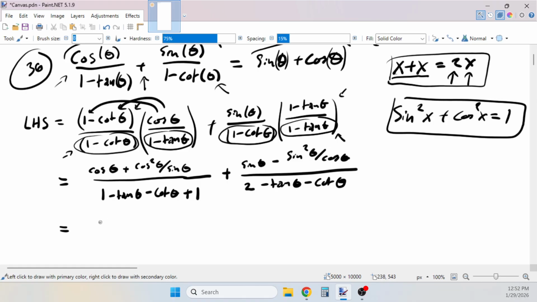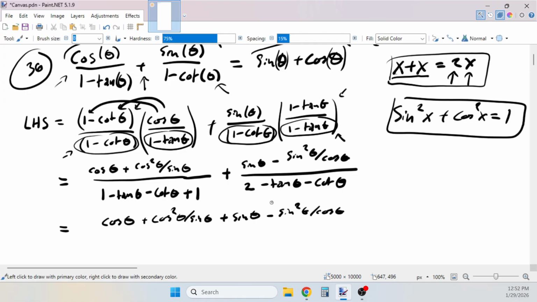I now have cosine theta plus cosine squared theta over sine theta, plus sine theta minus sine squared theta over cosine theta.